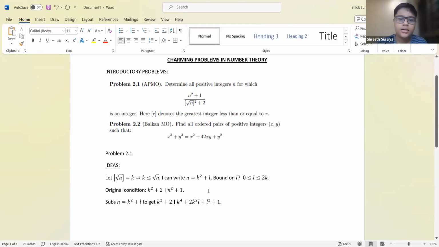And now the idea is that k square is congruent to -2 mod k square plus 2, right?